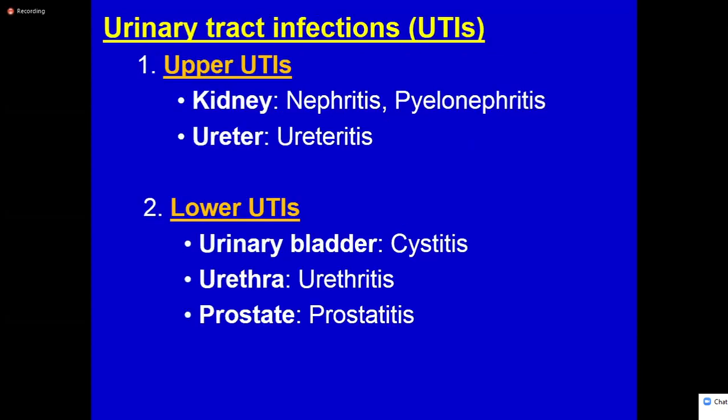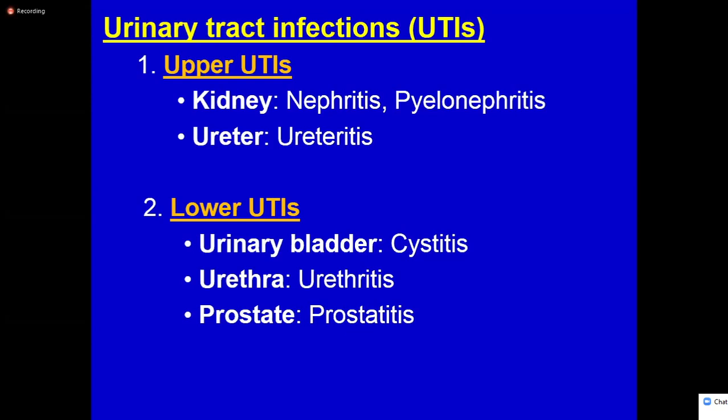So I will start by dividing the urinary tract infections into upper and lower, upper UTI and lower UTI. The upper UTI is related to the kidney and ureter. Kidney, we call it nephritis or pyelonephritis, and we will discuss both of these conditions in relation to microbial agents.